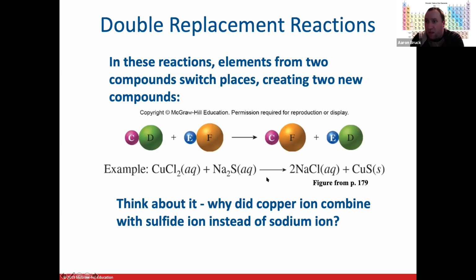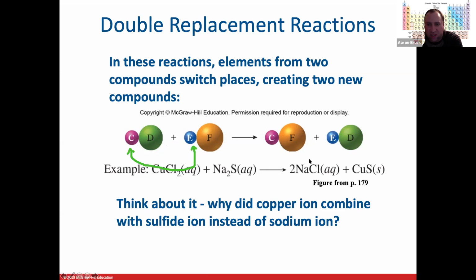Double replacement reactions are very similar. One of the reasons why they carry the same name, replacement. What's happening there is that like charges are replacing each other. So in this case, the C and the E are going to switch places.